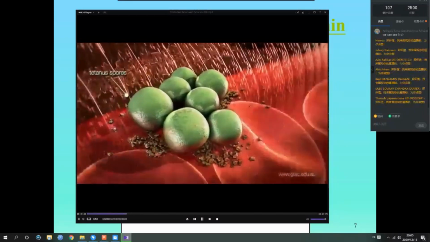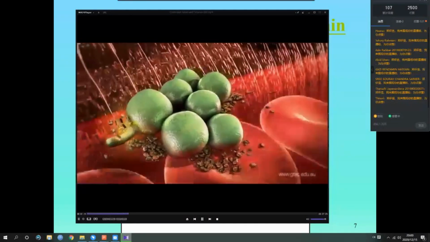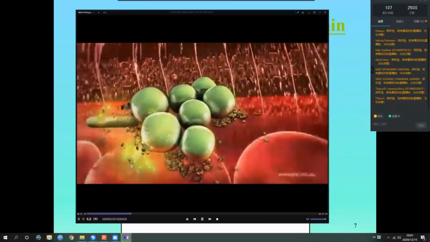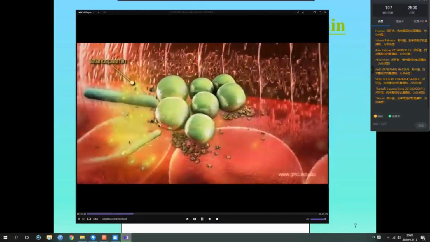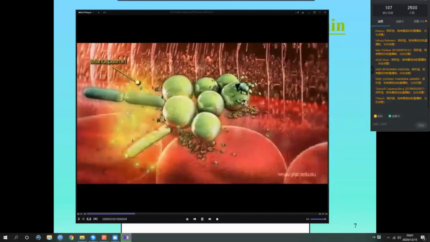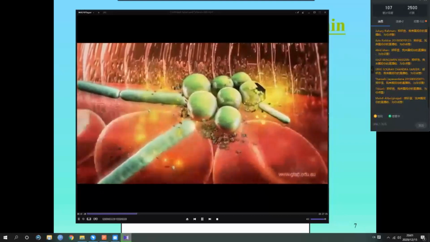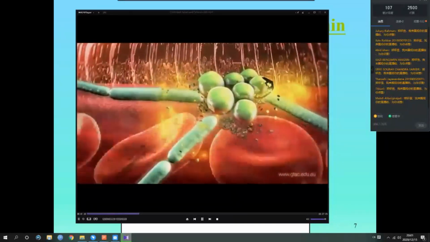Under conditions of low oxygen, as found in a deep puncture wound, the tetanus spores can germinate to produce living tetanus bacteria. The bacteria also release a toxin called tetanospasmin, which enters the bloodstream. Bacterial numbers increase as they grow and divide.